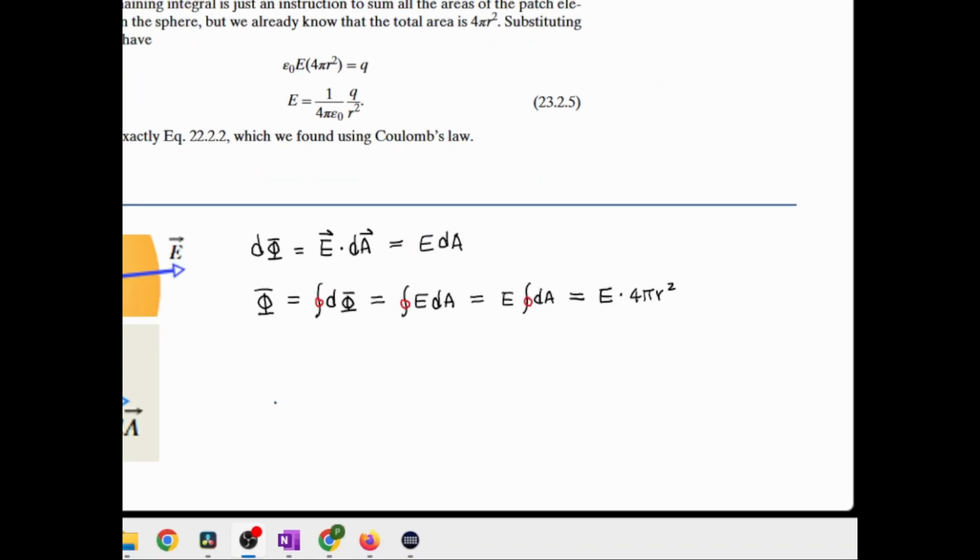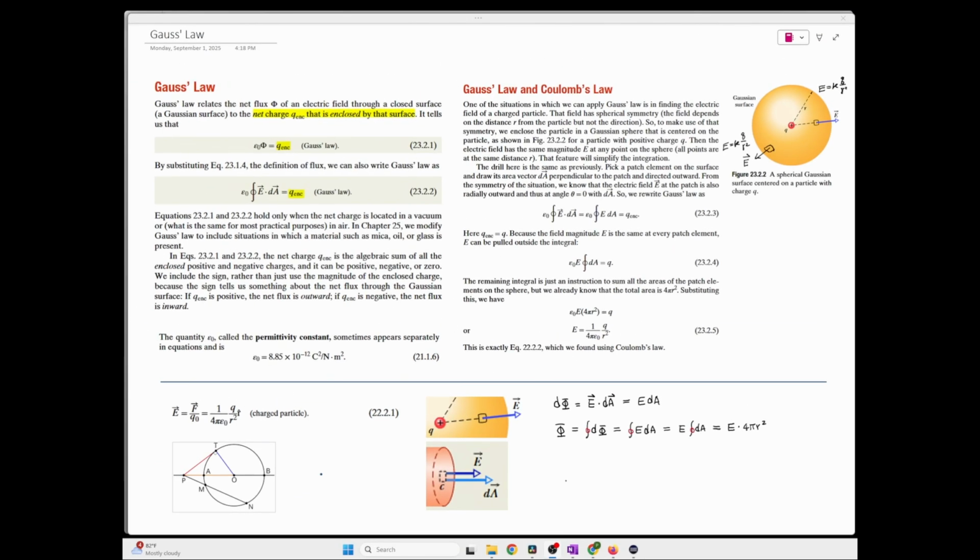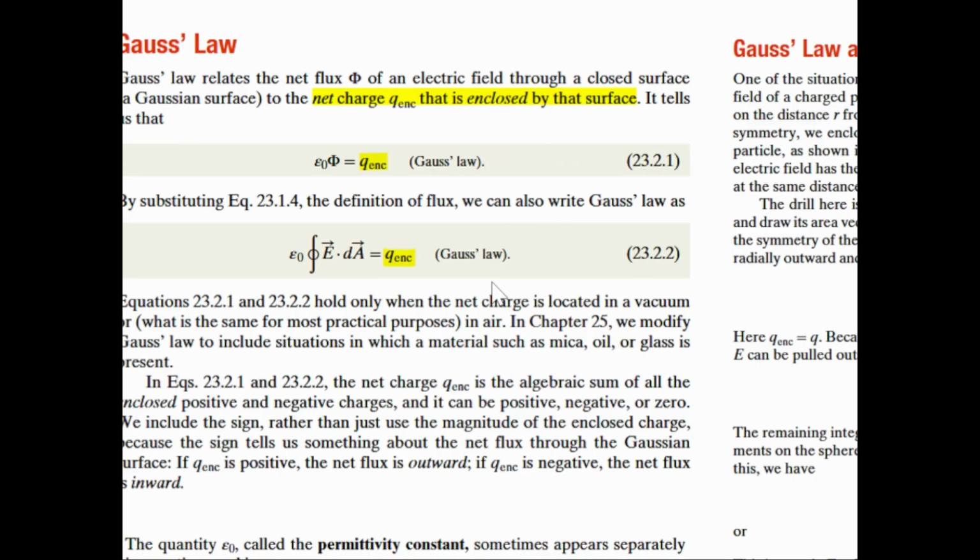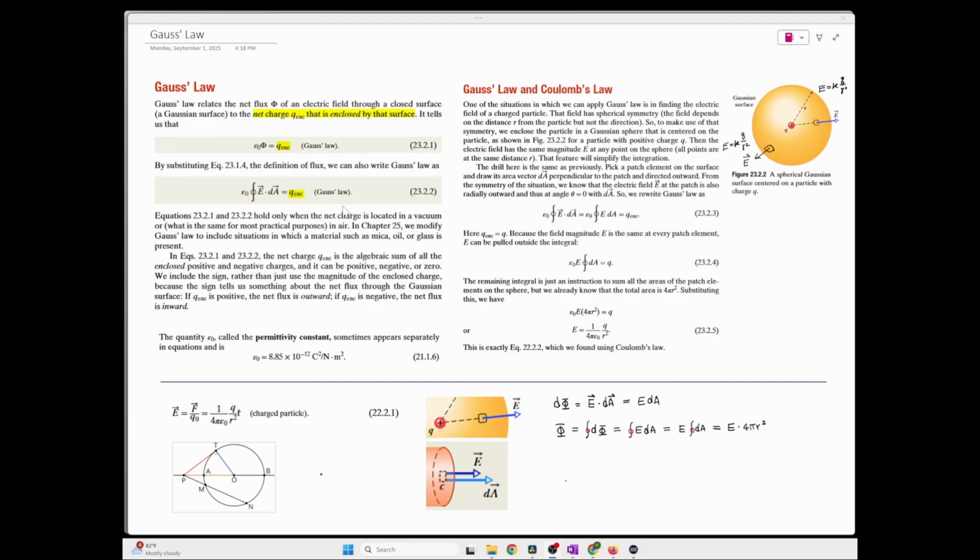And we are now ready to apply Gauss' law, which says if we take the electric flux and multiply it by epsilon naught, it should be equal to the total charge enclosed in the Gaussian surface. For the current situation, we have already calculated the total electric flux. So let's take that and multiply it by epsilon naught.